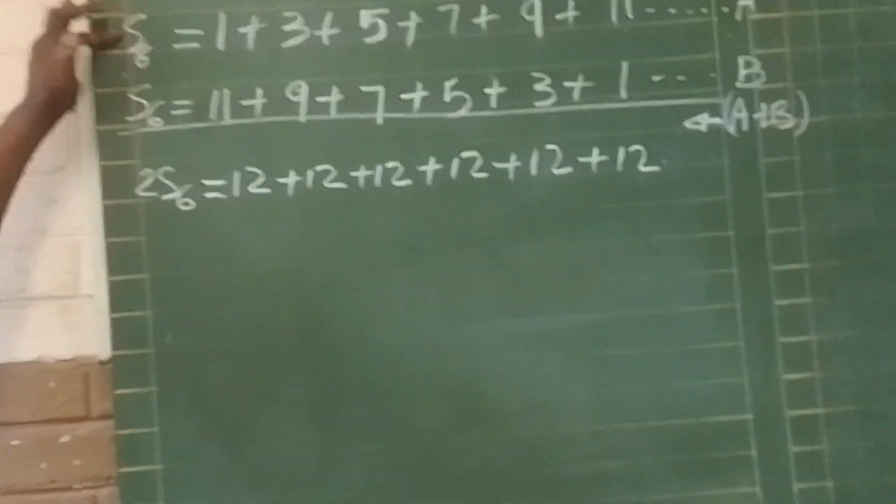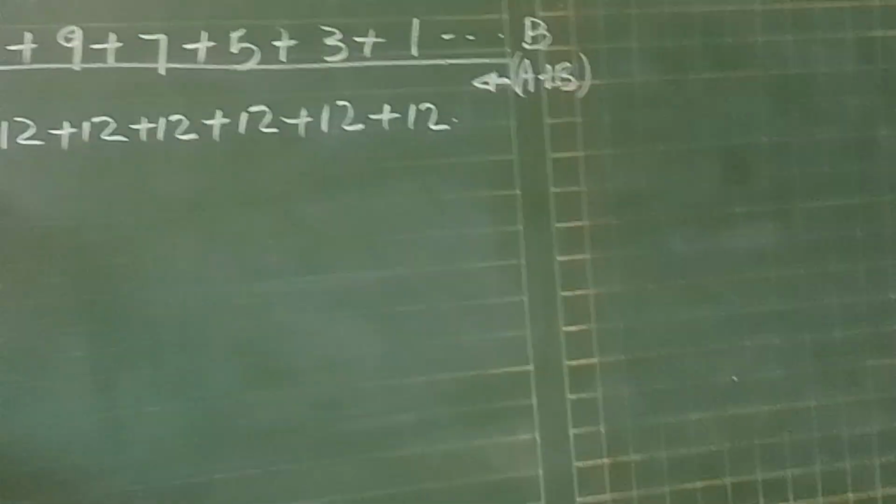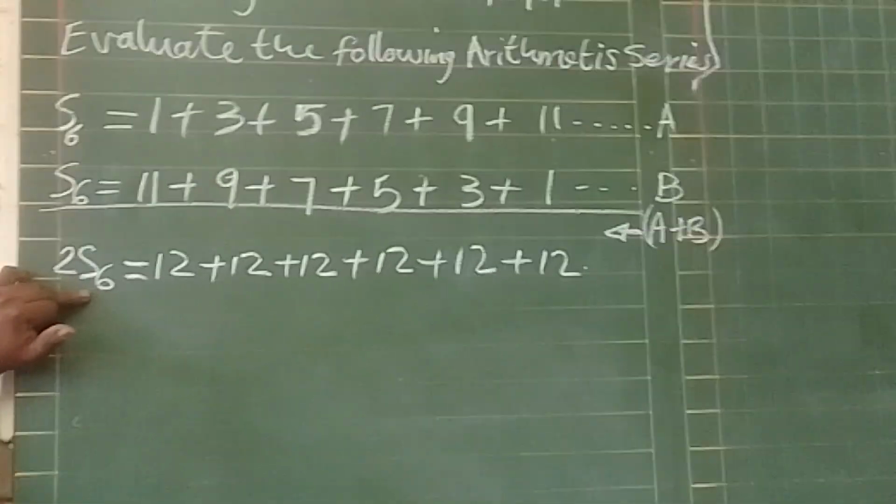Now we have added S6 and S6 to get 2 of S6.